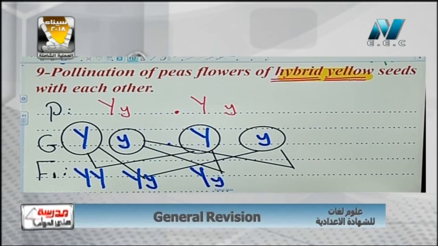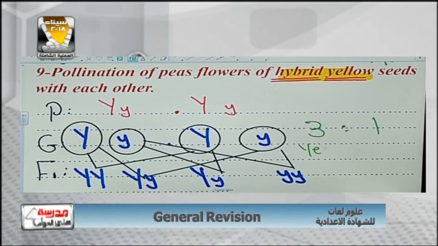خلي بالنا هنا we start with Y capital because the two letters are similar. لما يبقوا الحرفين نفس اللتر يبقى الكابيتال will write before the small. And last one is Y small, Y small. طبعا we have what? We have 3 to 1. 3 yellow seed to 1 green seed.